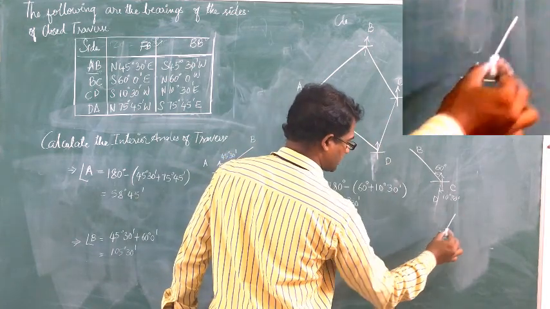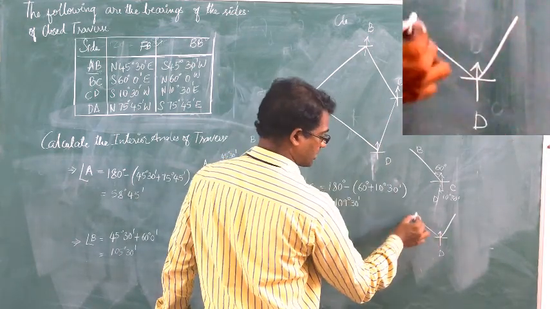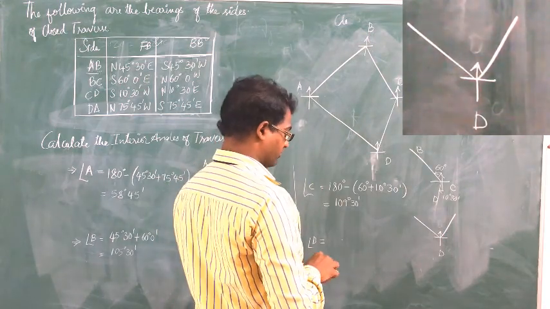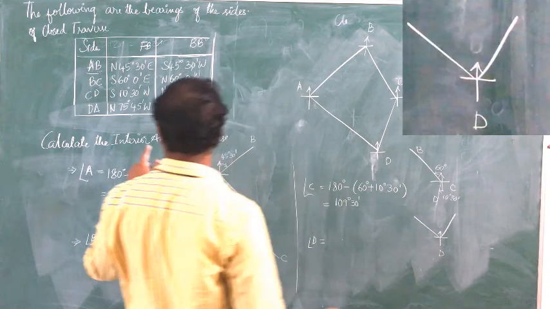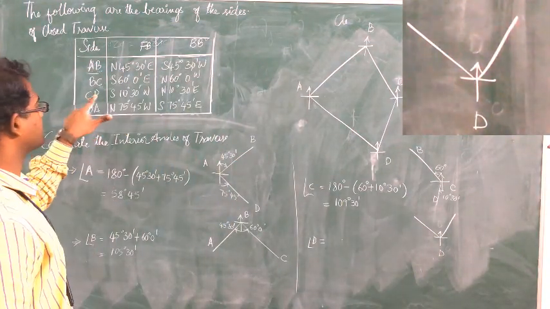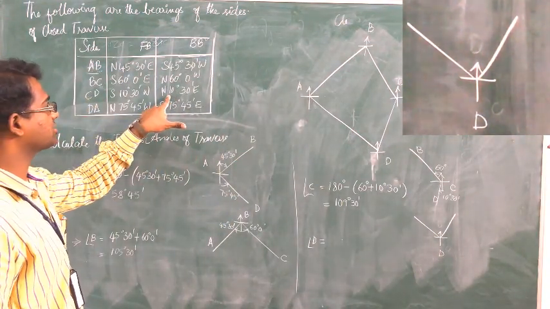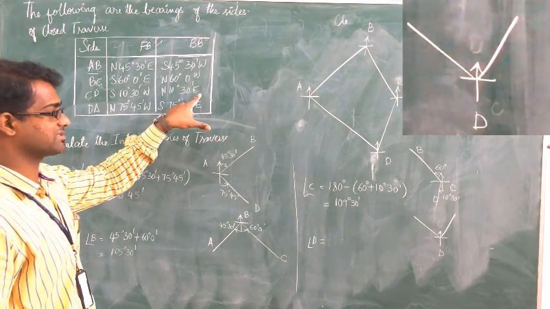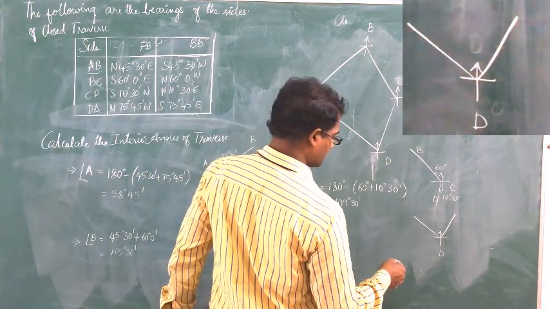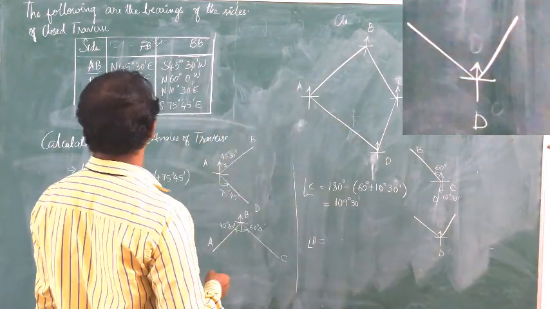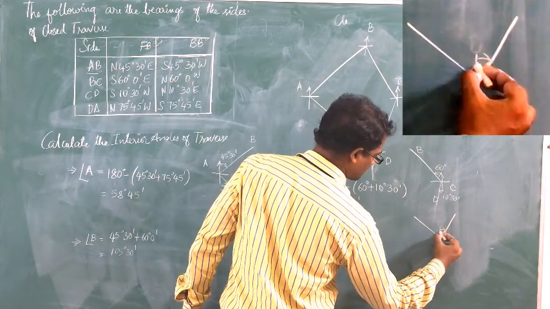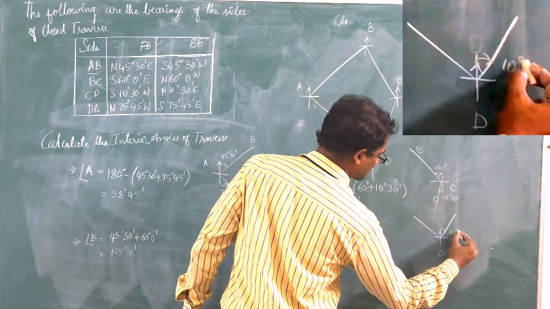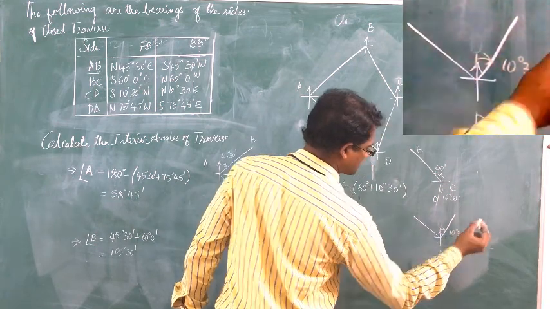One is to C, another is to A. From D to C, it is nothing but the back bearing, north 10 degrees 30 minutes east. This angle is 10 degrees 30 minutes east.